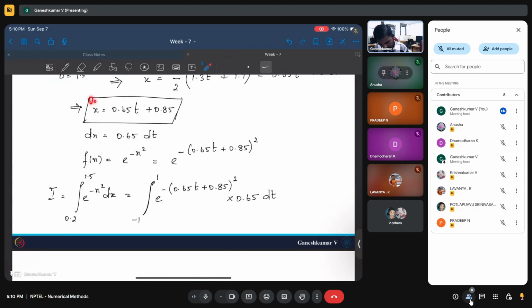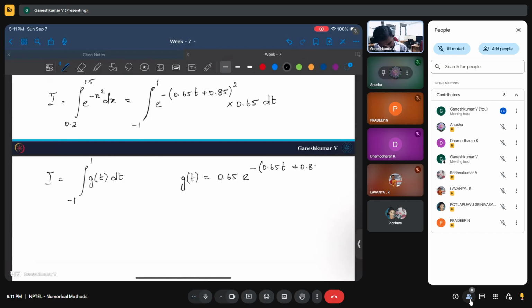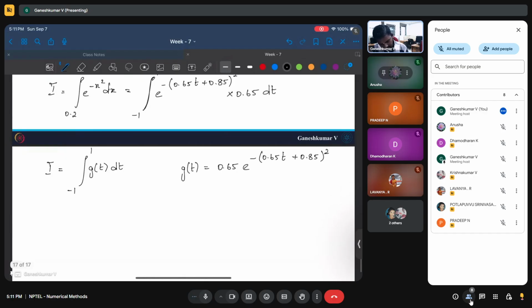Similarly, you substitute 1.5 here and you end up with t equal to 1. That's why we do this transformation. So now your integral has become the integral from -1 to 1 of another function g of t dt, where g of t is 0.65 e power minus (0.65t plus 0.85) square.